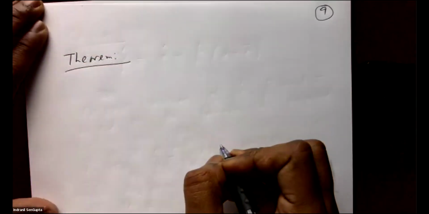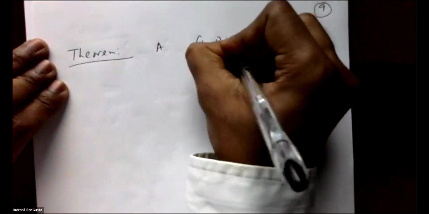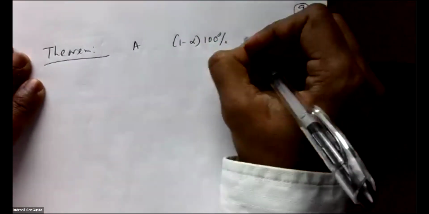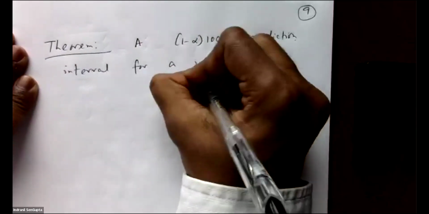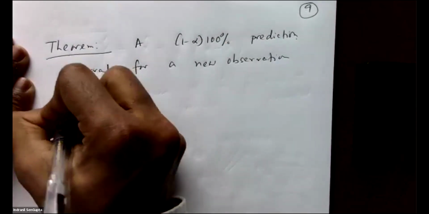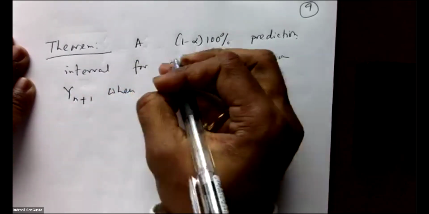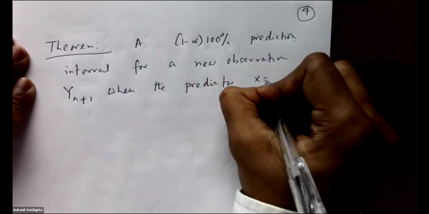So let's straight away write the result. Okay. So here is a theorem. It goes like this. The 1 minus alpha 100% prediction interval for a new observation y n plus 1 when the predictor x equals x n.